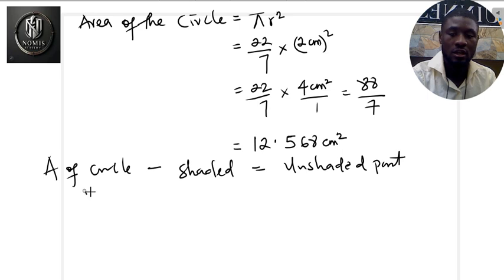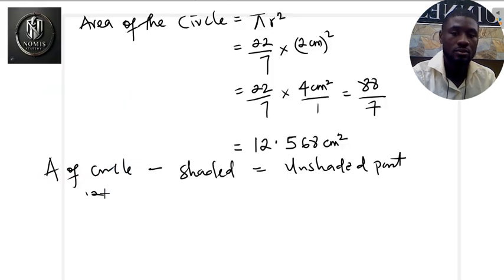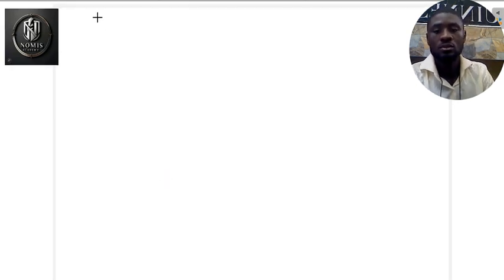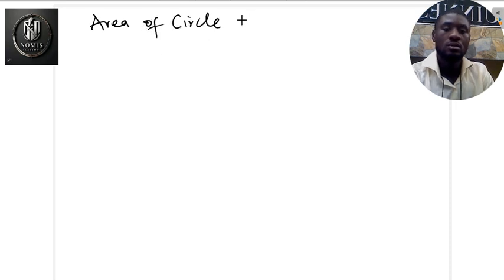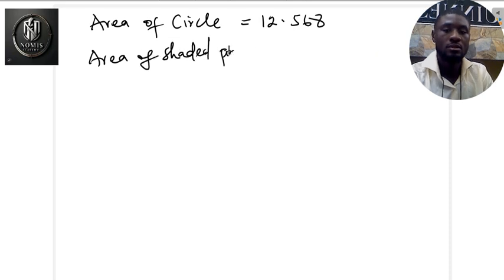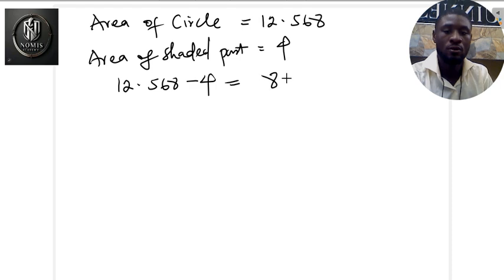So if the area of the circle is 12.568, and the area of the shaded part is equal to 4, then we'll just say 12.568 minus 4, and that gives us 8.568 centimeter squared.